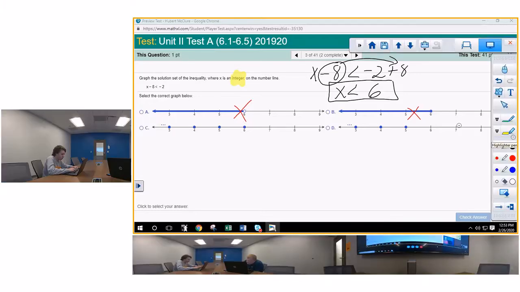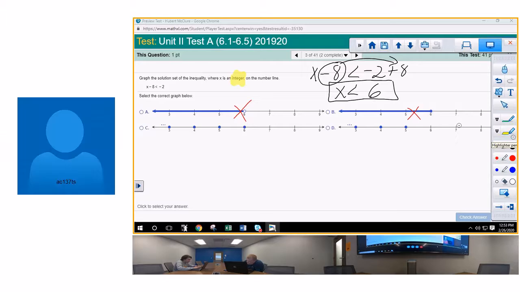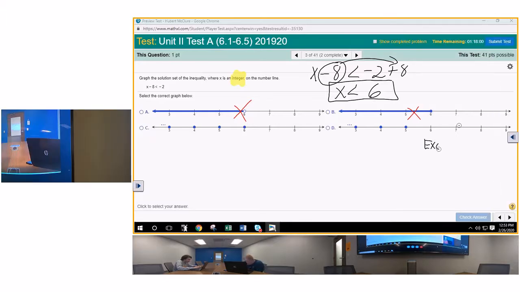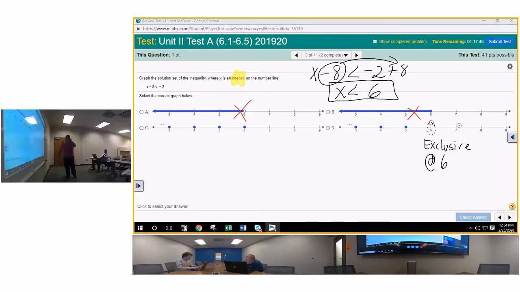D? D, because D is exclusive at 6. It's got a what? An open circle. But you can't put a closed circle on it because it is what? It is a whole number and you can't use it. That's why you don't have an equal sign right up under here. So this is your correct answer, D.